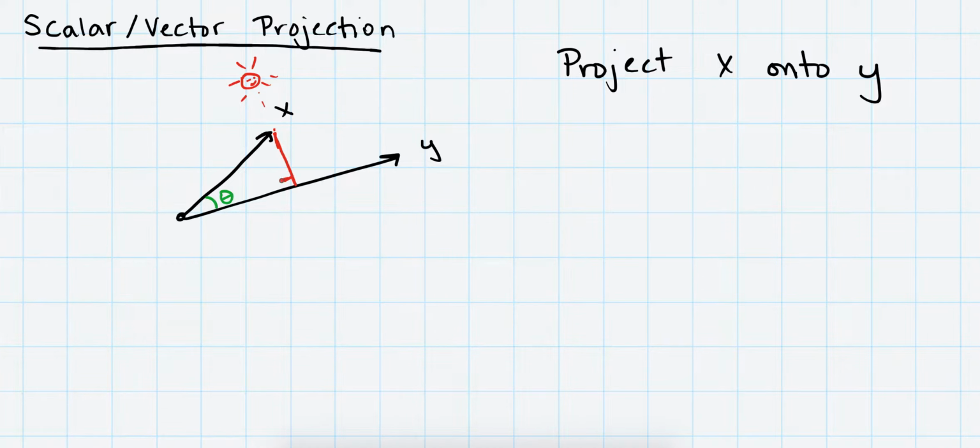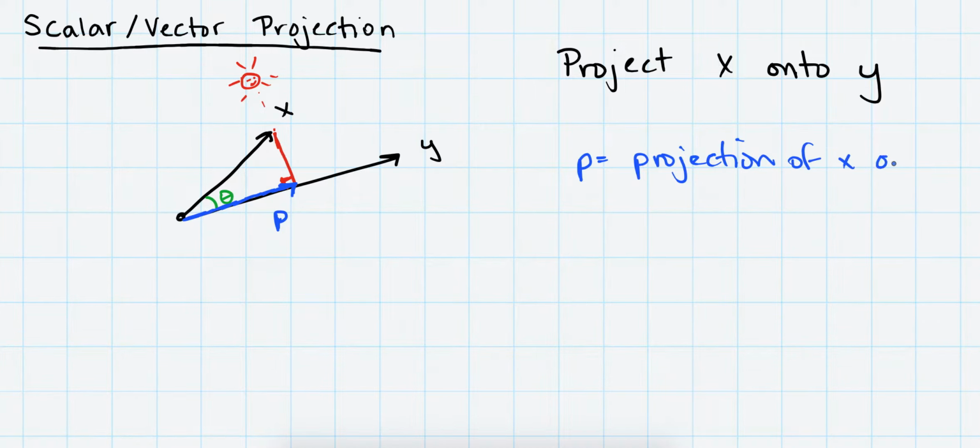Y is the horizon here, like the horizontal line, and so we're making this shadow, and this vector that's made, that's in the direction of y, but stops at the end of the shadow, we call that P. And P is the projection of x onto y.